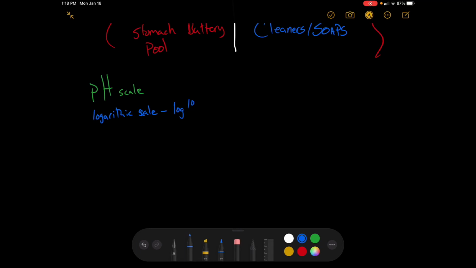The pH scale goes from acids being the lowest number, and then the bases being the highest number, and we'll put a number out here for both of these.